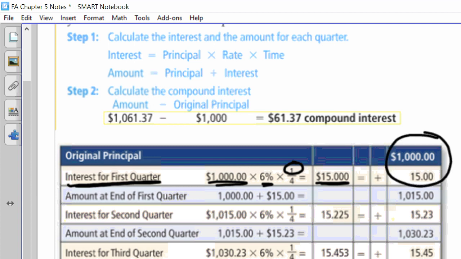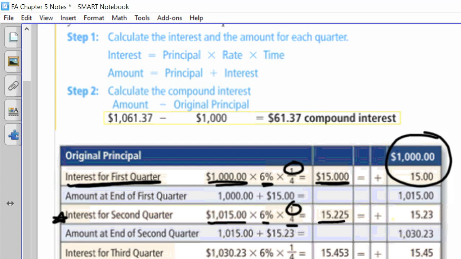We then take that $15 and add it to our original amount. So now instead of this $1,000, we have $1,015 in our account. We take the $1,015, so now we're on the second quarter. We take the $1,015, and you guys, simple interest, just multiplying everything together, for 1 quarter, but we have to divide by 4 so that we're taking into account the quarters.